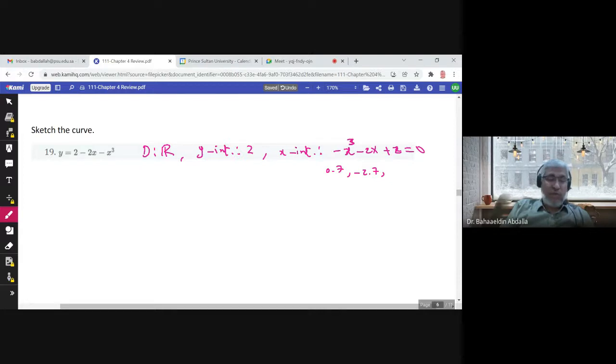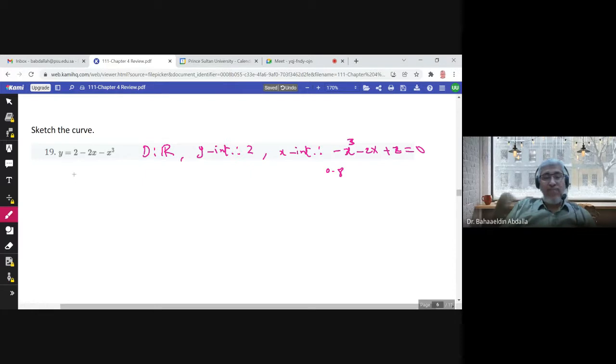I forgot to put the coefficient of x squared, it should be 0. So 0.8 is the first solution, and the second and the third solutions are complex numbers. So this is the only real solution, approximately 0.8. Okay, so this is the x-intercept.